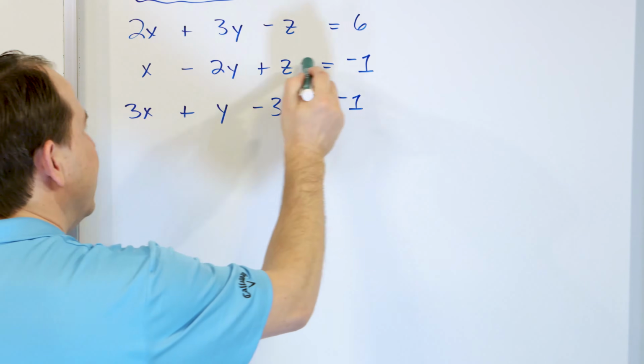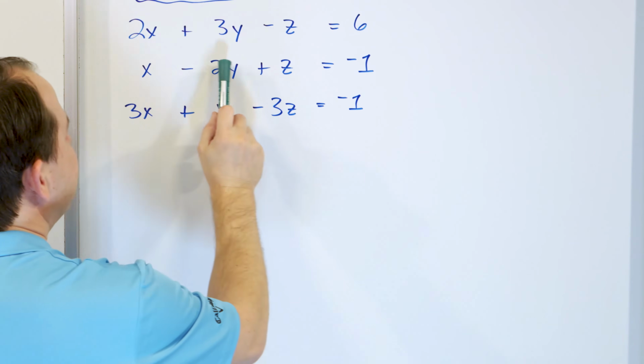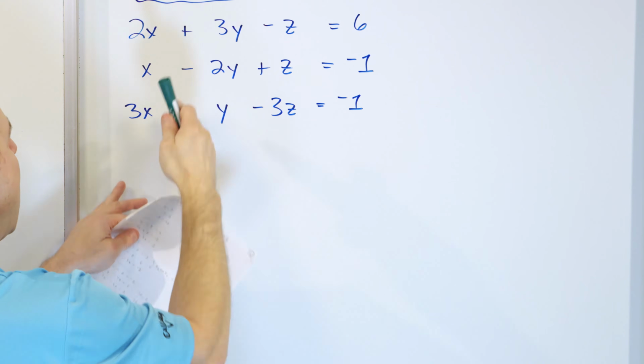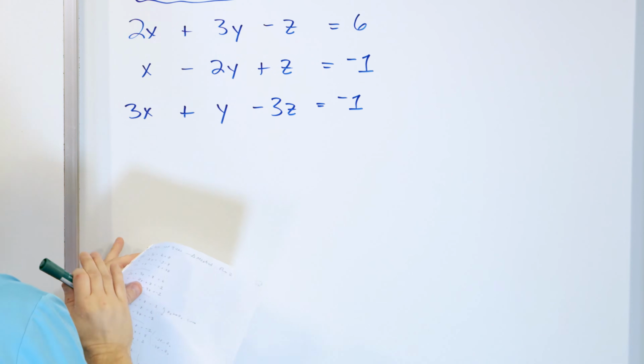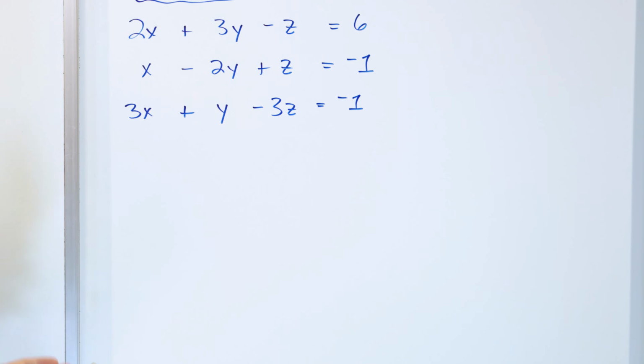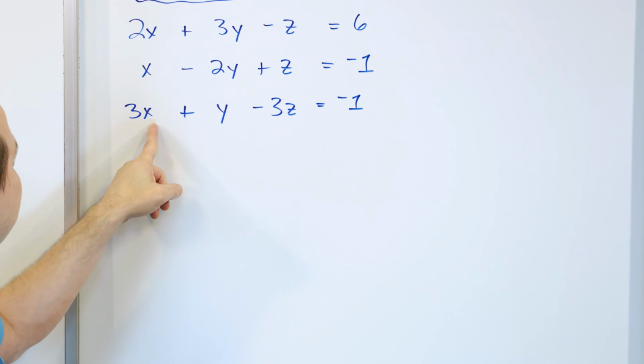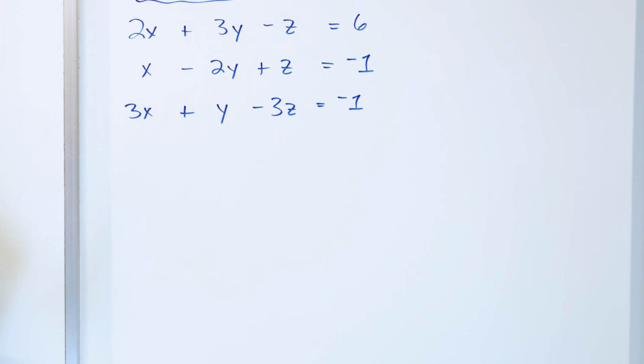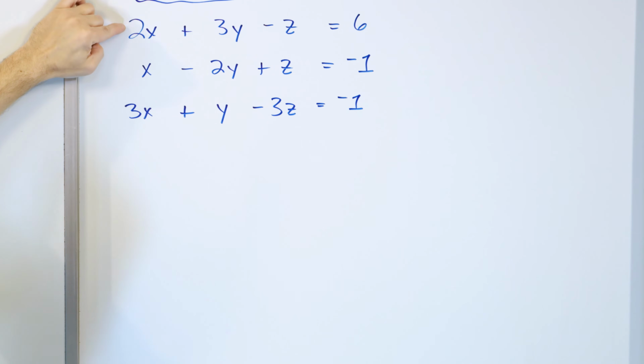Yes, you are allowed to do that, but if you've eliminated this x from this equation in step number 2, then it may not be obvious that you can eliminate this guy here. So the answer is, there are 2 real ways to eliminate the 3 using this equation here. The first way is to multiply this equation by -3/2, a fraction.